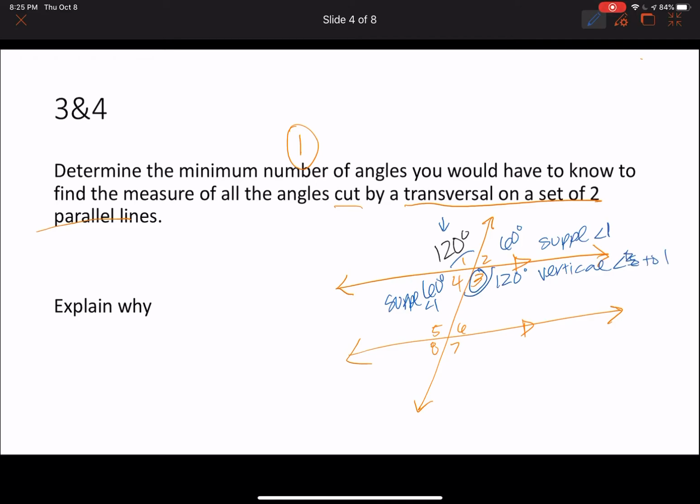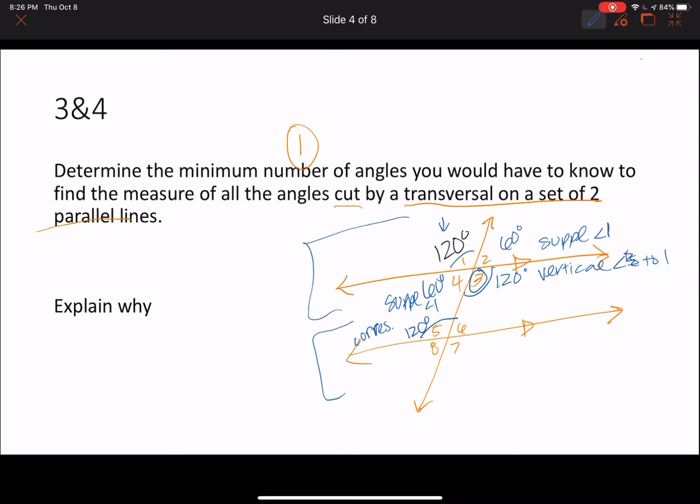Well, guess what? This entire thing, because it's a parallel line, you're going to copy it and paste it in, and you've pasted that 120 from angle 1 over here, and you get 120, and that's because it's considered a corresponding angle. All right.